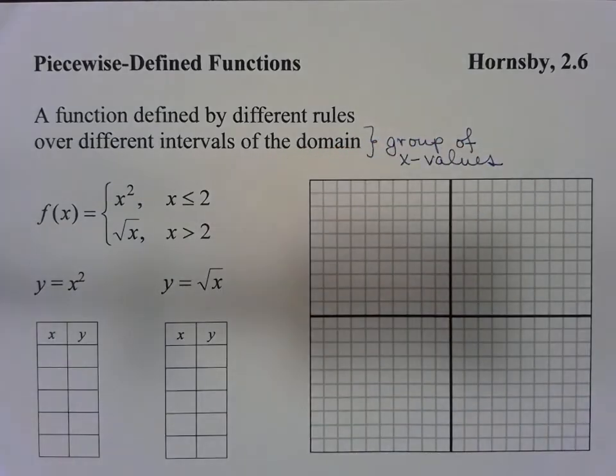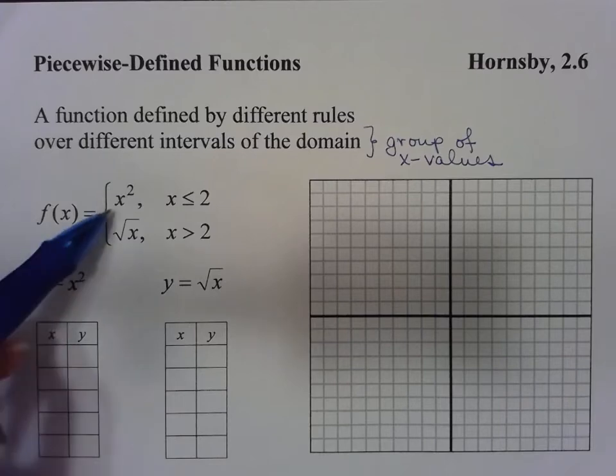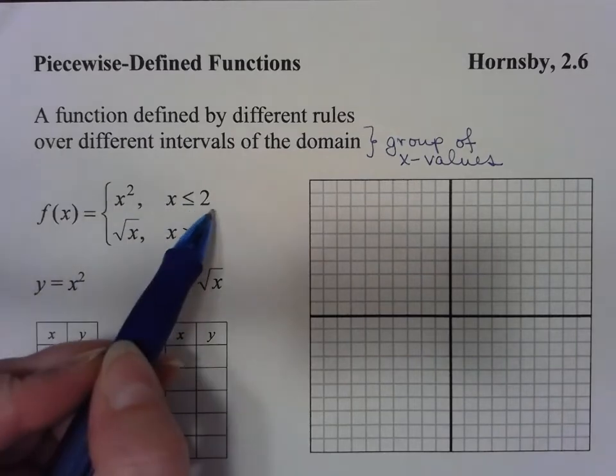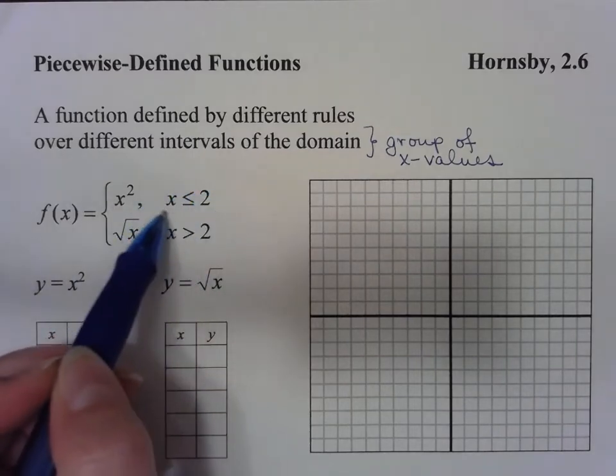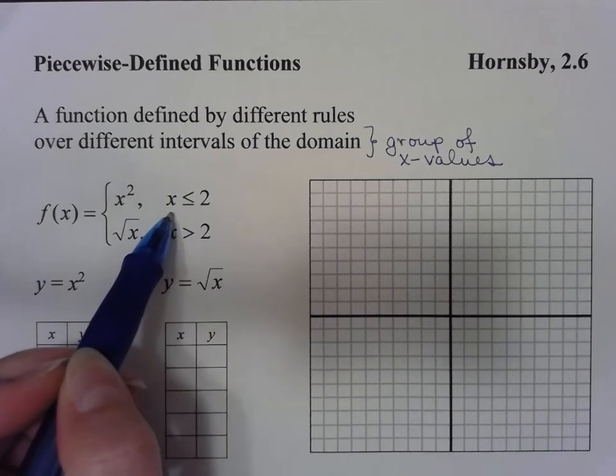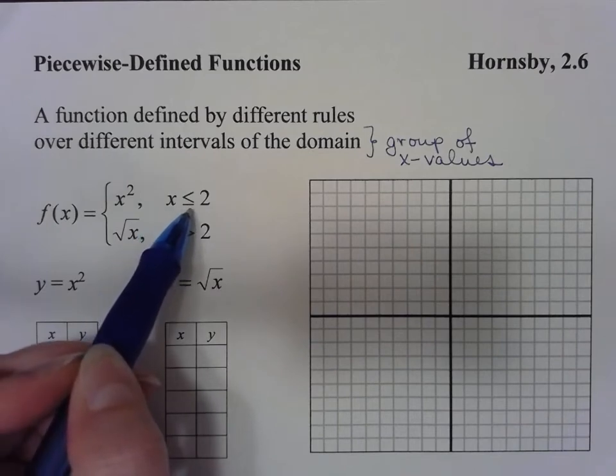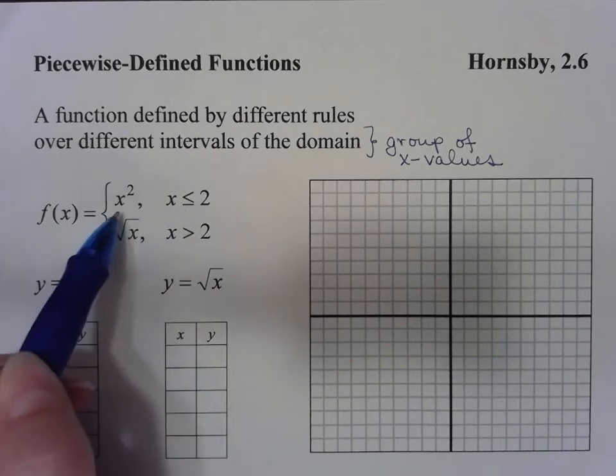I'm just going to do a couple of examples with you, and here's the first one. So this piecewise function is divided up into two pieces. For each piece, we have the x value, or the group of x values that we're going to use. So for all the x's that are less than or equal to 2, to calculate the y value, we're going to use this rule or this equation where y is equal to x squared.